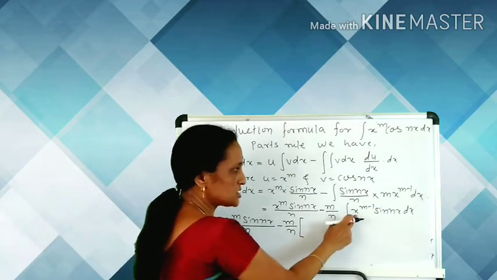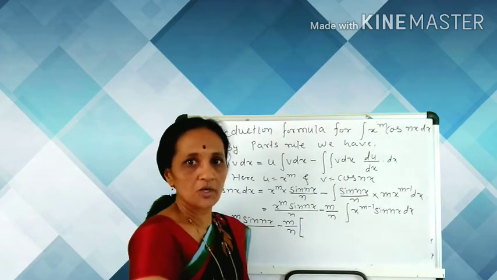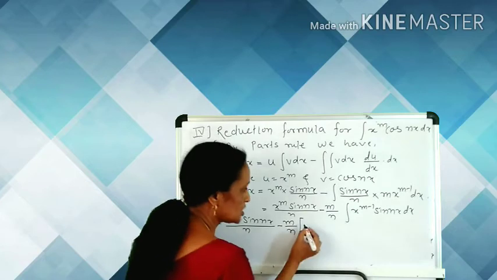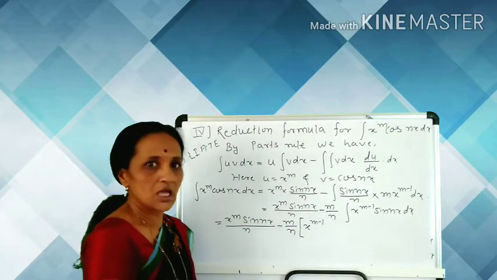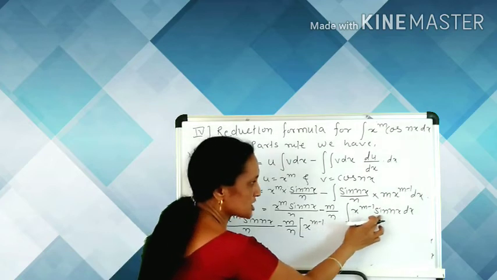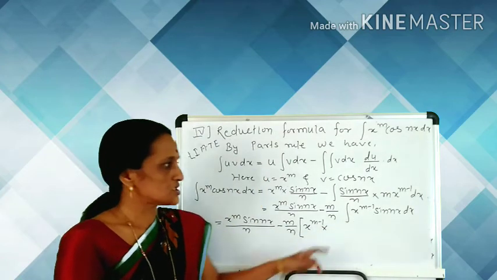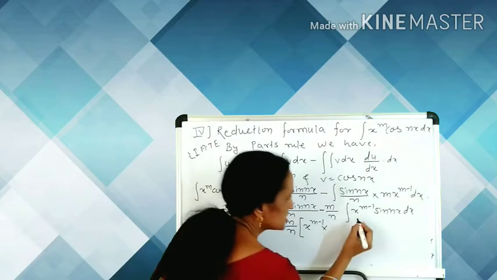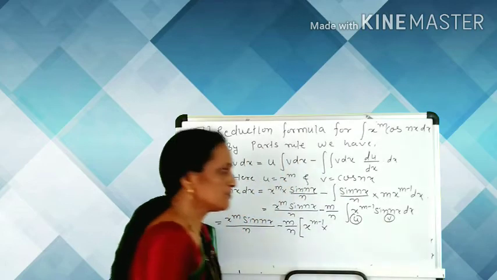The choice is the same: first is algebraic and another is trigonometric, so v is the trigonometric function. So the first function is x raised to m minus 1, into the integration of the second function.